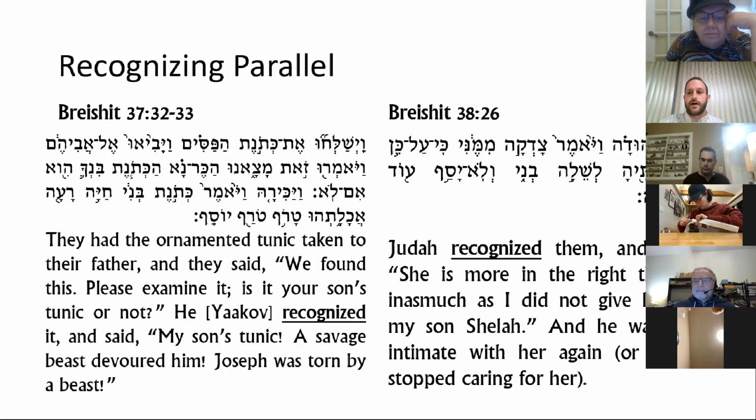Another opinion, and these are both quoted by Rashi, is from the verse that says he never knew her again biblically, which would mean that he never again spent the night with her. He just provided for her, but never fully consummated the marriage. Again, we can say whether that's right or not, but that's one opinion. And that's how he atoned for not having had control of himself before.